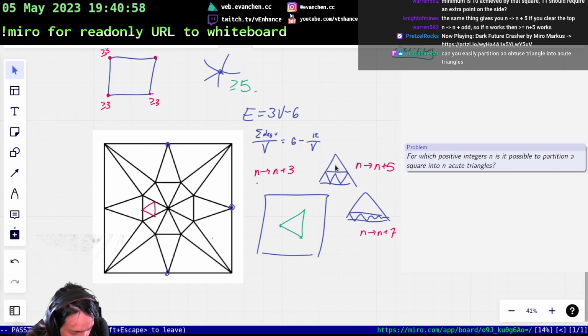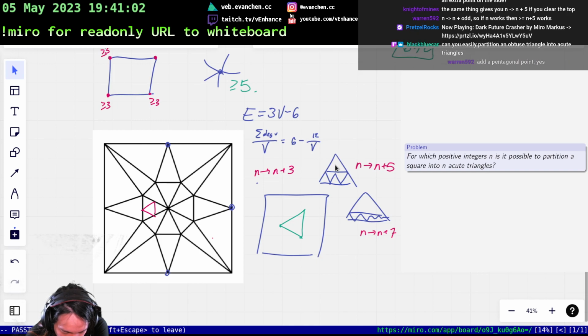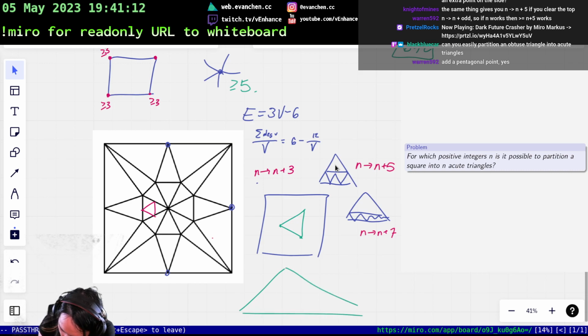Can you easily partition an obtuse triangle into acute triangles? Good question. I don't actually know. My instinct is no. Add a pentagonal point? Yes. Okay, never mind. Warren says it's easy. What's a pentagonal point? If I just have a random obtuse triangle, what can I do with it?